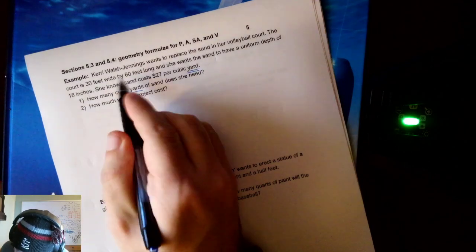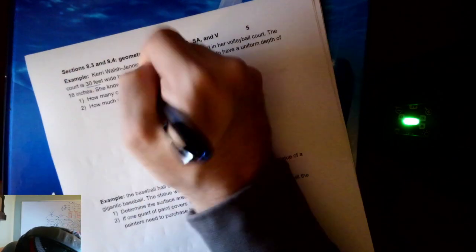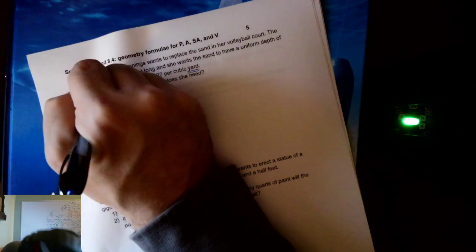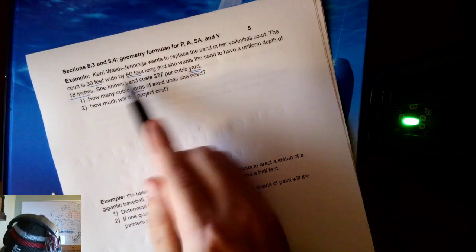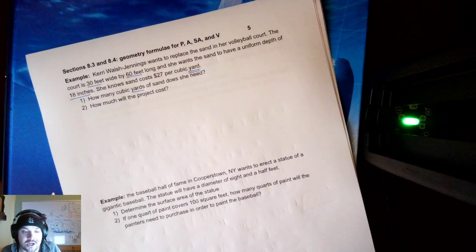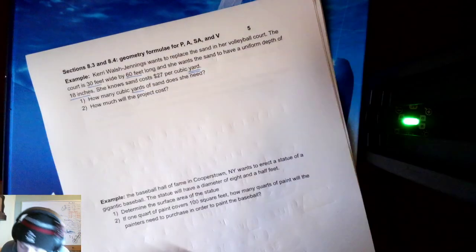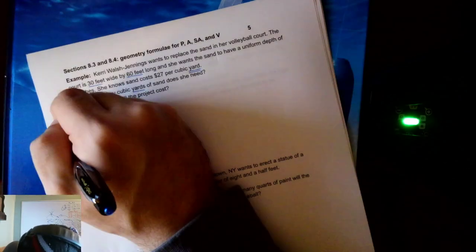Well, I need to be careful. My measurements were feet and inches. Now, I've got a width, a length, and a depth, which could also be thought of as a height, right? If I think about a volleyball court, it's rectangular, right?